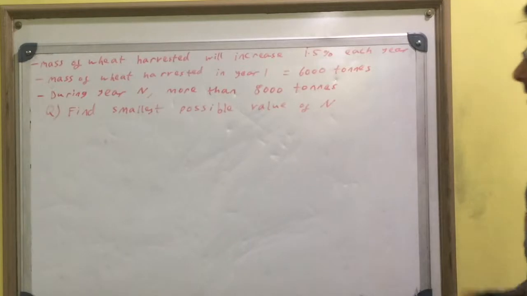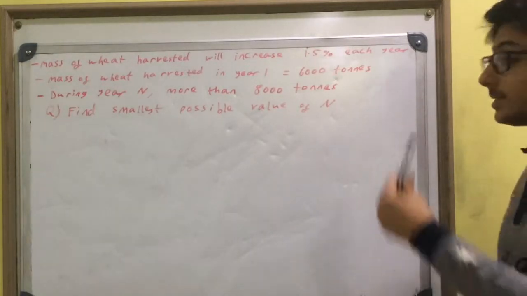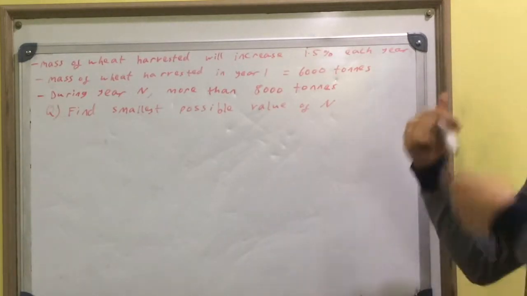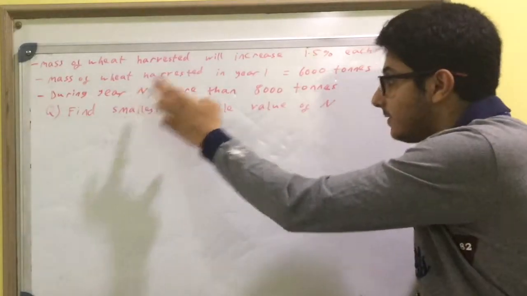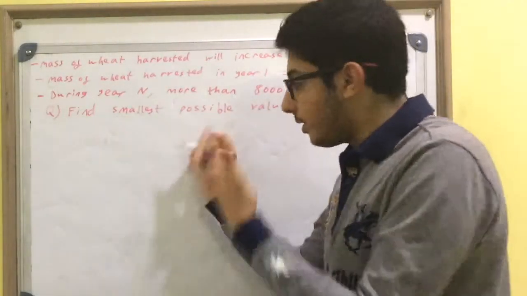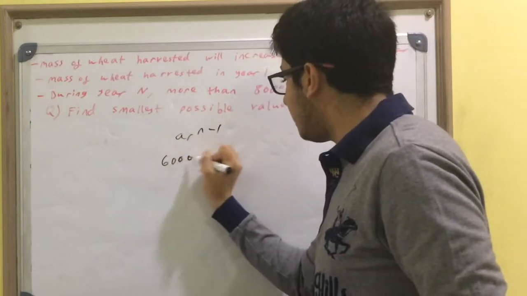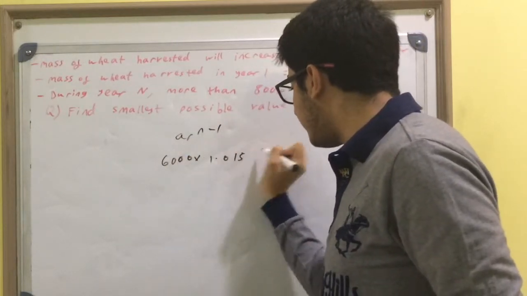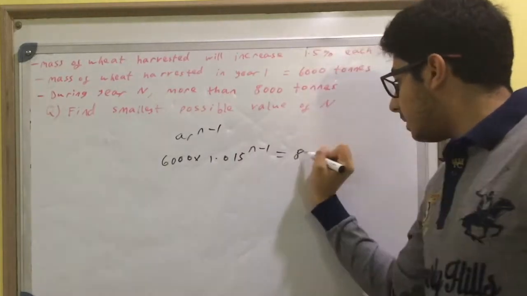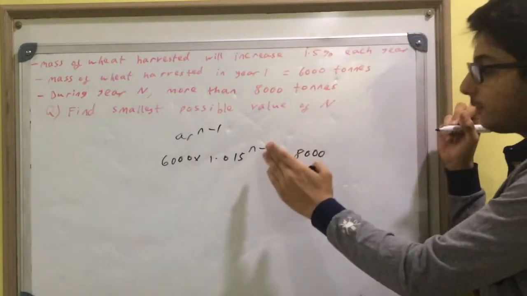Okay, we know what a is, it's 6,000. We know what r is, it's 1.015. We need to find the value of n that gives us 8,000, or more than 8,000. So ar to the n minus 1: 6,000 multiplied by 1.015 to the power of n minus 1 is going to give us 8,000. We have to solve this equation for n.